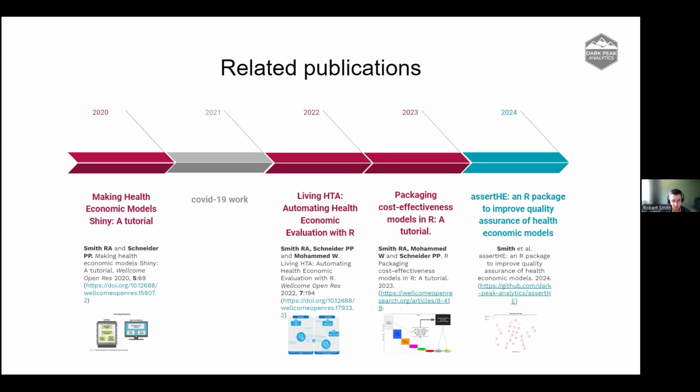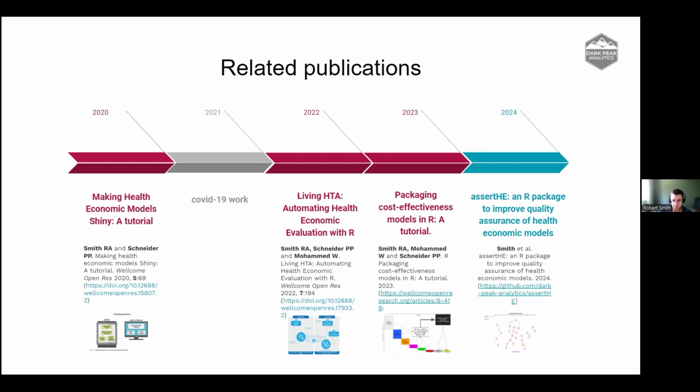That's got a huge amount of traction, and I'll cover that first, and then look into Living HTA, which has got much less traction, but I think is still interesting and one definitely for the future. Essentially trying to automate updates to models as new data comes in, so that your model report always reflects the latest data.